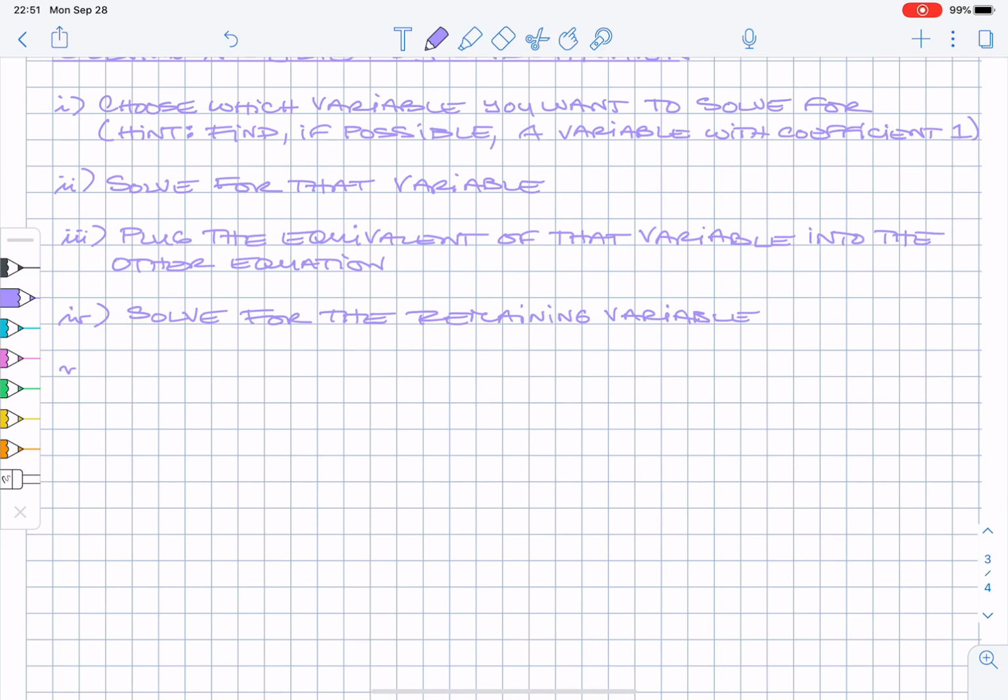And number 5: back substitute to solve for the initial variable.